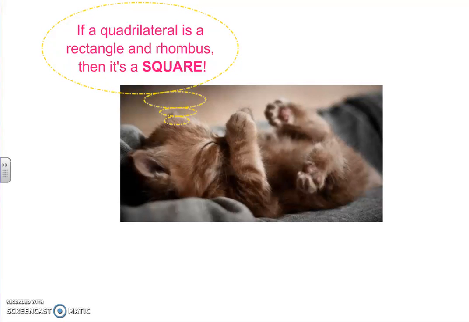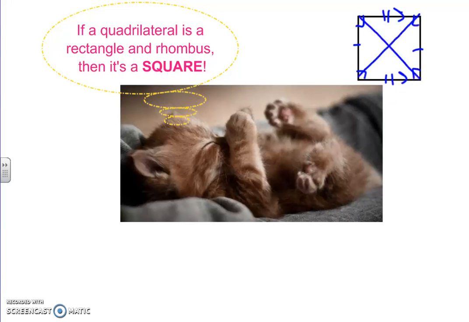The square is kind of nice because if a quadrilateral is a rectangle and a rhombus, then it's also a square. So if I look at a square here, let me just bring this up real quick. It has all of those features: opposite sides are congruent, opposite sides are parallel, it has the 90-degree angles, it has the diagonals that bisect the angle, and it also forms 90-degree angles at the intersection.